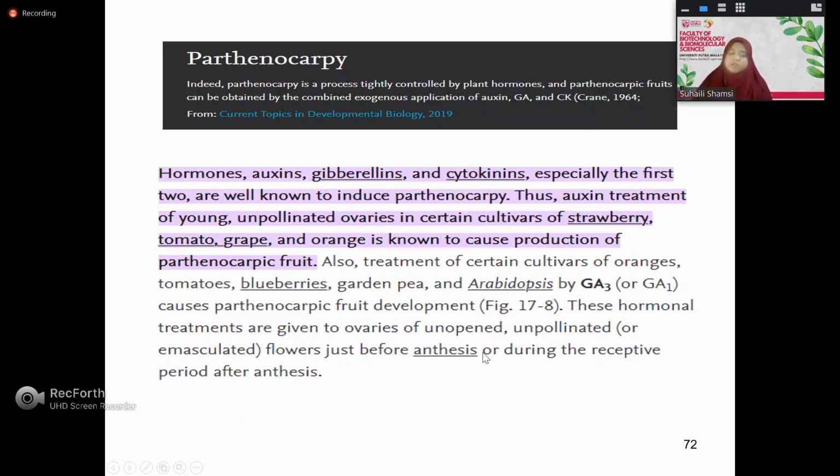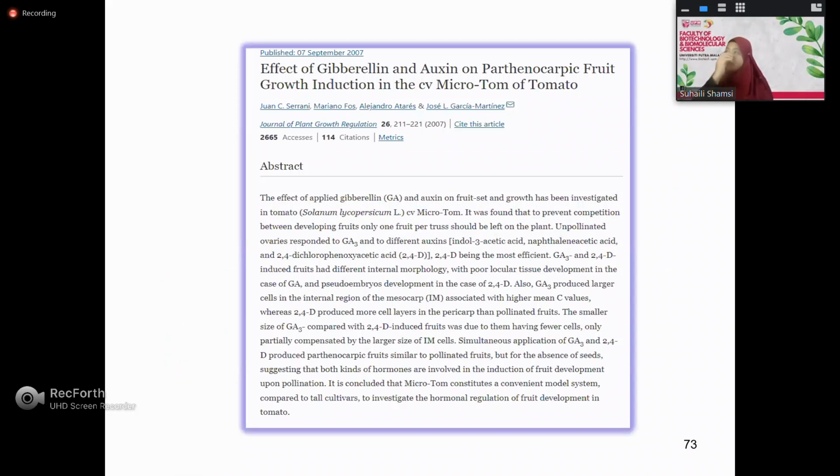So it's called anthesis. You can see here, this one is a research article published in 2007, looking at the role of gibberellic acid and auxin in supporting parthenocarpic fruit growth induction, and how they work synergistically with each other.